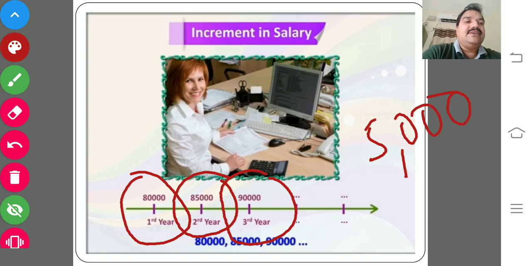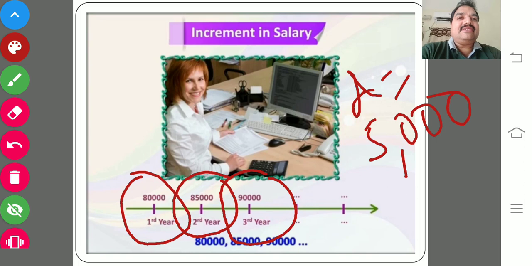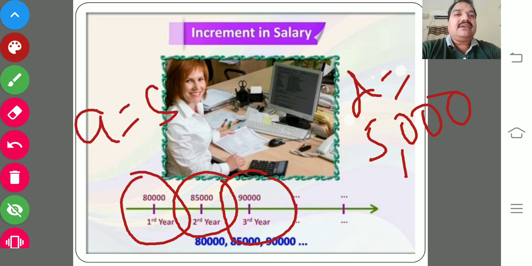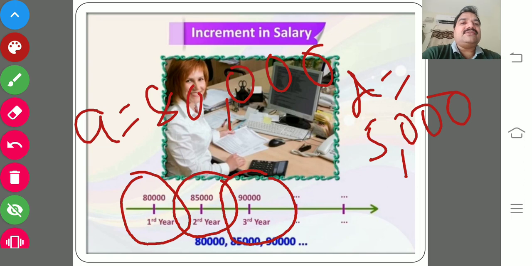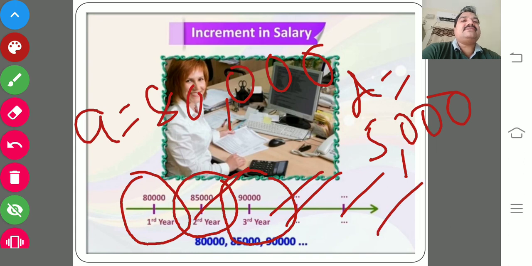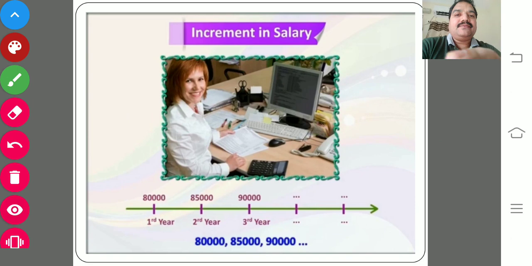If you observe, the fixed increment is nothing but D here. The initial salary when she joined is A equals 80,000. For the next year it becomes 85,000, then 90,000, then 95,000, like that. This is also an example of arithmetic progression.